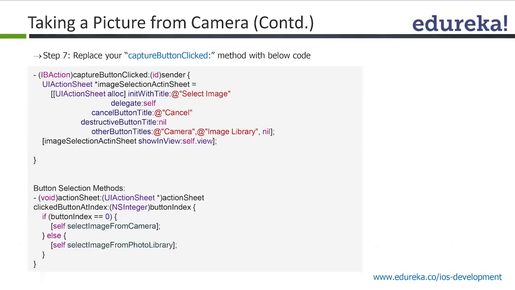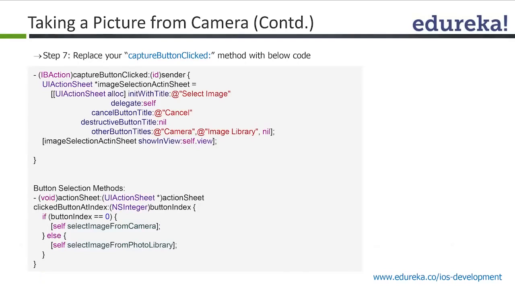So for that selection, this is the action sheet, the image selection action sheet. For this, we are going to alloc init. You will give a title, and you have to give buttons. Here I am giving buttons with titles camera and image library.